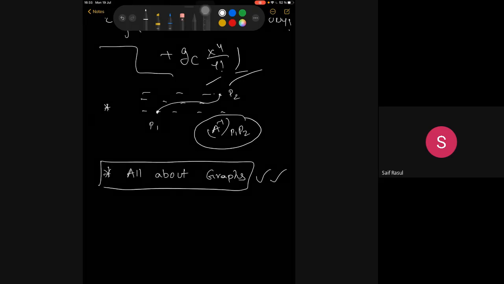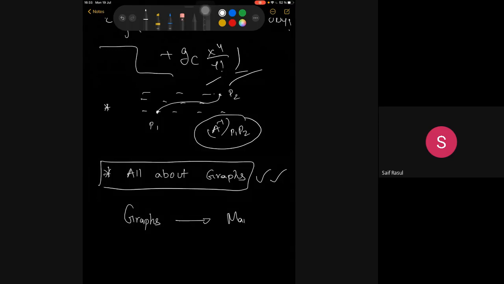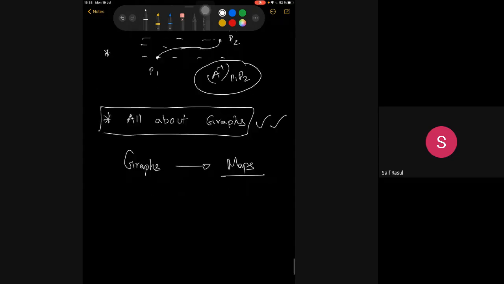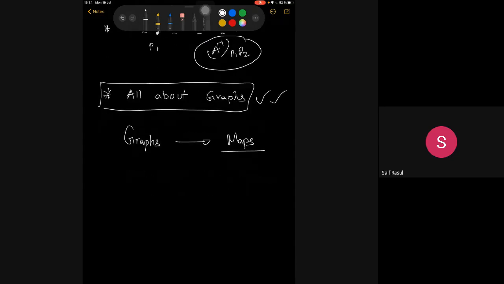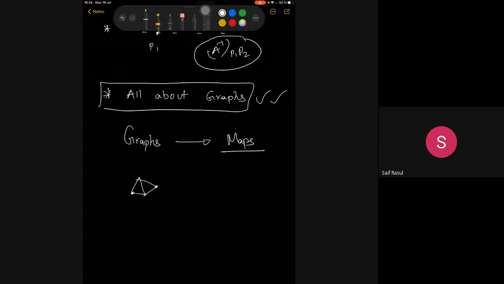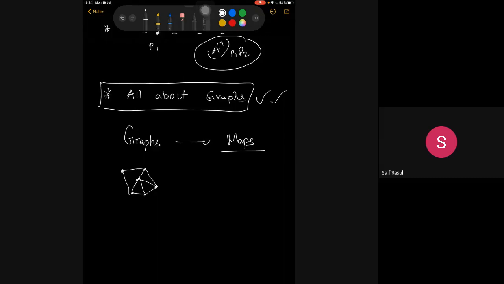And now, as I told you, we'll go from something called graphs to maps. Our graph was something like this. You can have different kinds of graphs on a surface, and so on.